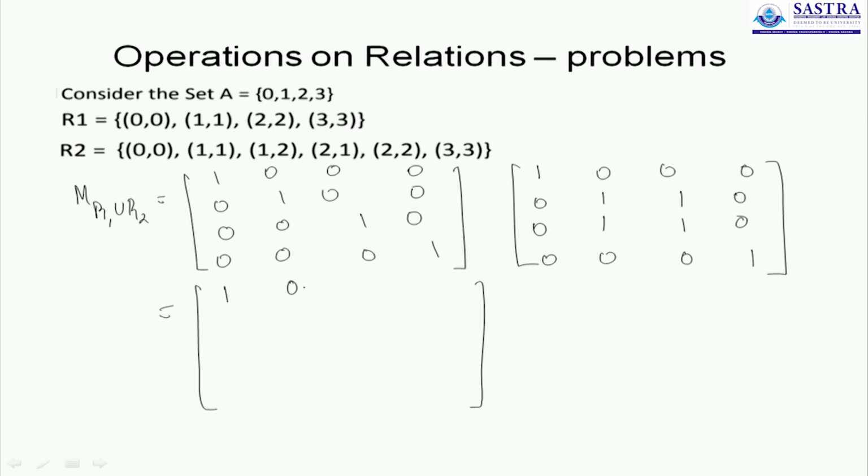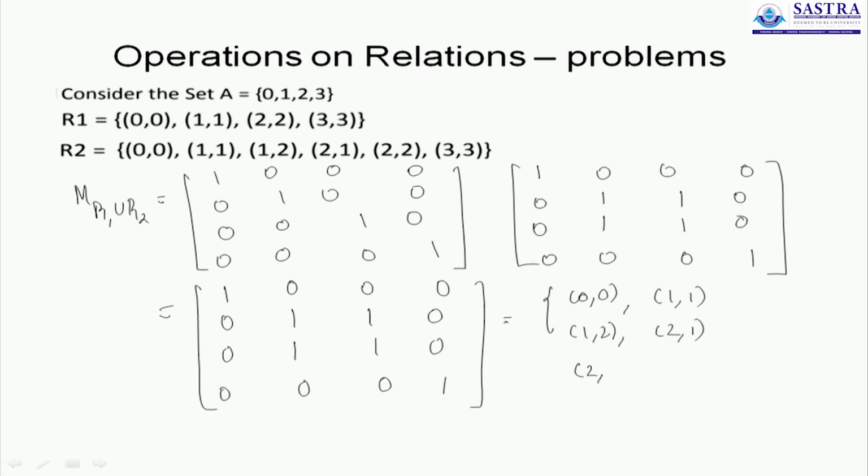So the union will just be 1 0 0 0, 0 1 1 0, 0 1 1 0, 0 0 0 1. The union will contain these 6 pairs. What are those 6 pairs? 0 0, 1 1, 1 2, 2 1, 2 2 and 3 3.